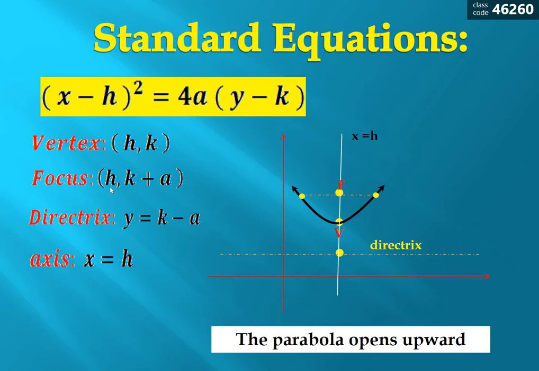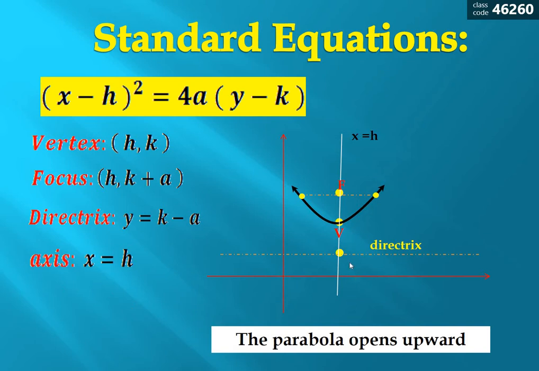Whatever the value of h, just put it down here, and the value of k here, and add the value of a. The directrix is y equals k minus a. First thing to do is you must know the values of your h, k, and a. Okay, and the axis is x equals h.